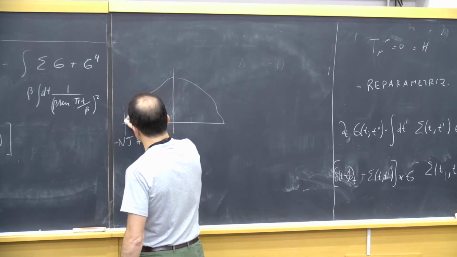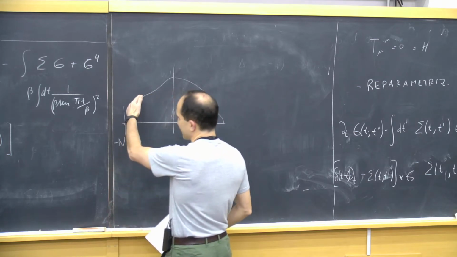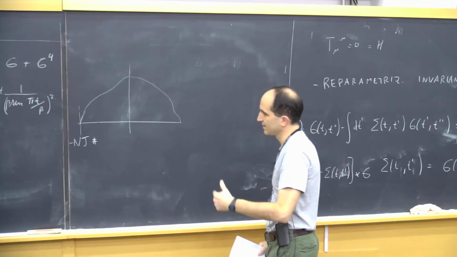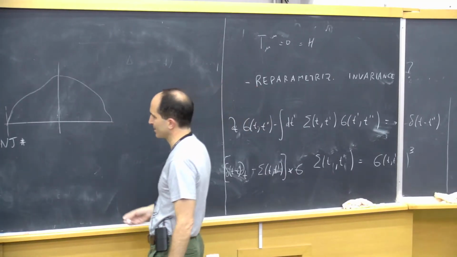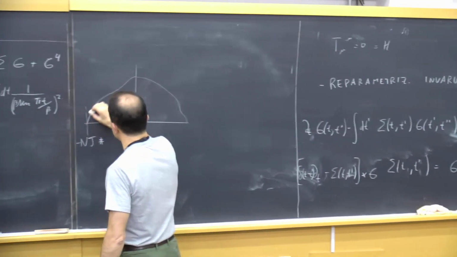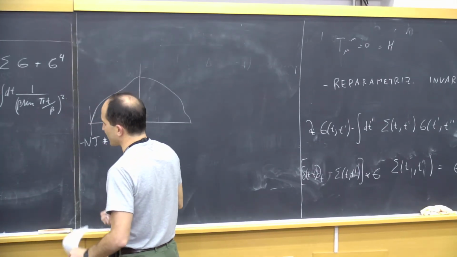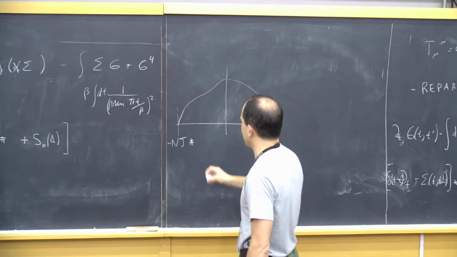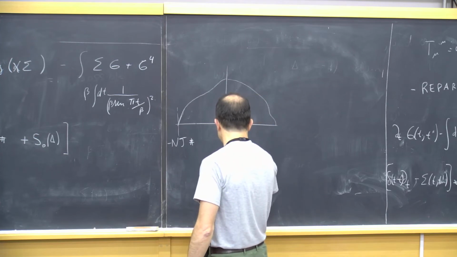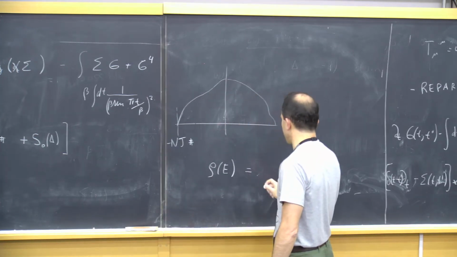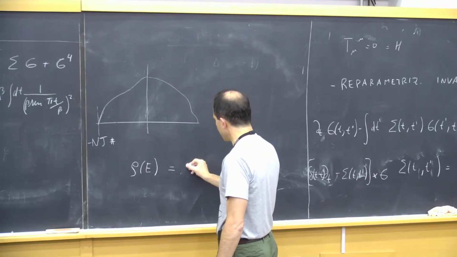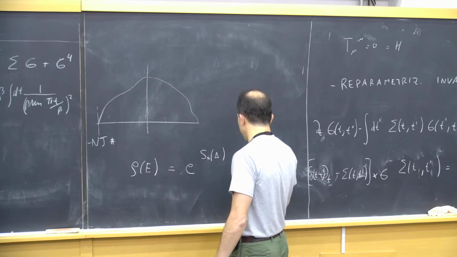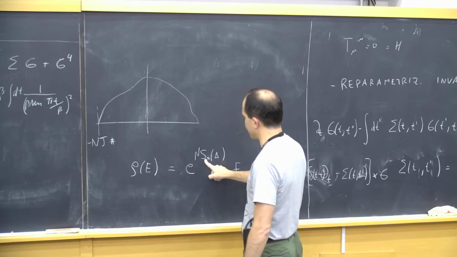But it's not a constant here. I mean, this goes to 0. So the density of states goes to 0. And one can see exactly what the density of states is. We'll not discuss it too much. Let's say it goes to 0. But you might wonder about the emergence of this ground state entropy. The way to think about it is that the ground state entropy appears as an overall factor in the density of states. The density of states could be e to the S0, proportional to n. So S0 is independent of n.